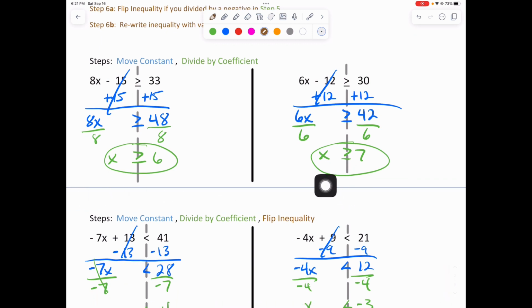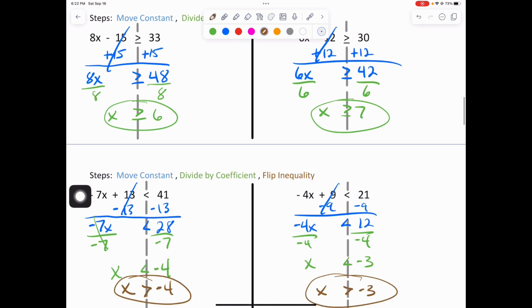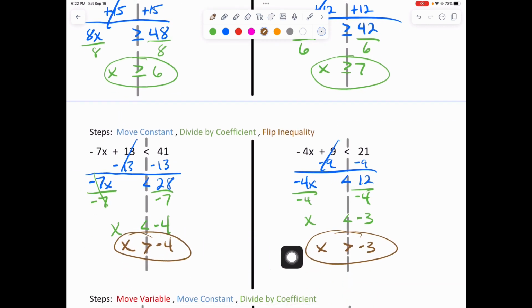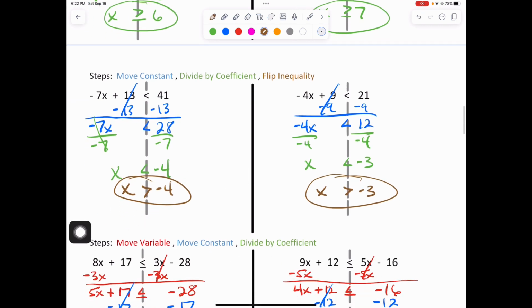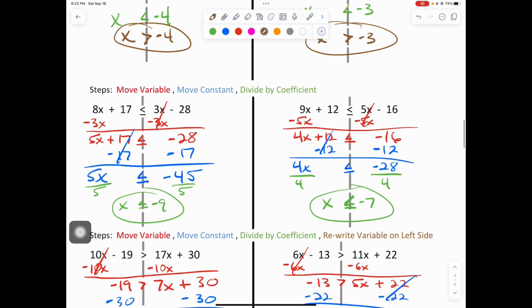Okay, working through, we have x is greater than or equal to 7. Working through again, should have an answer of x is greater than -3. We did have to flip there, that's why it's in brown. Okay. X is less than or equal to -7. We just leave it in green. We divide it by a positive.